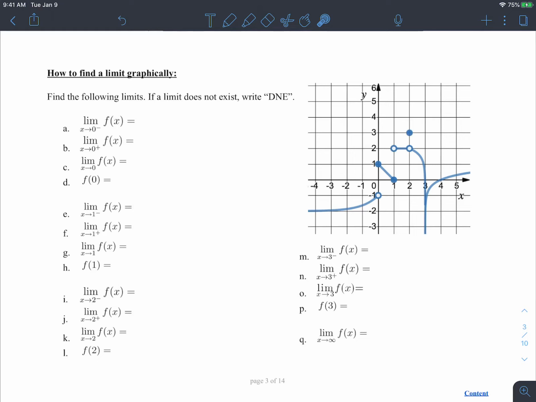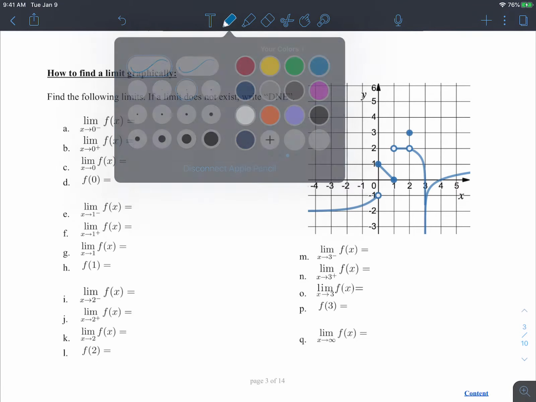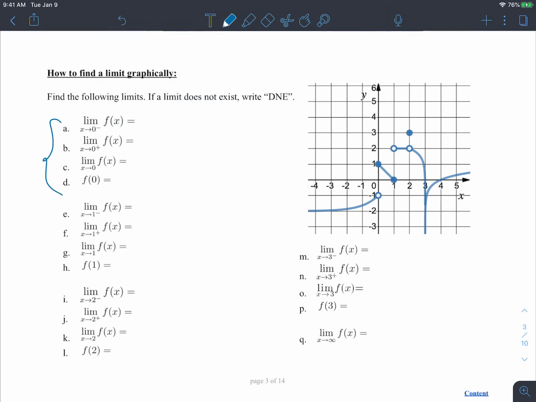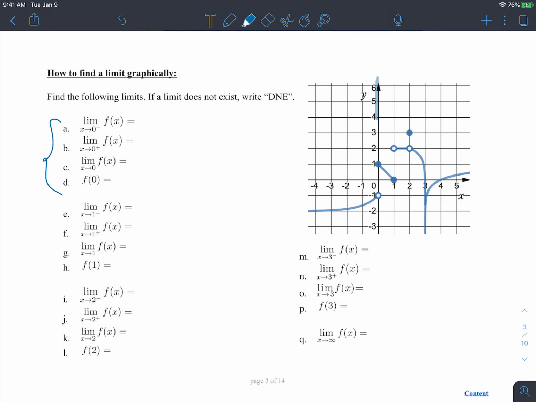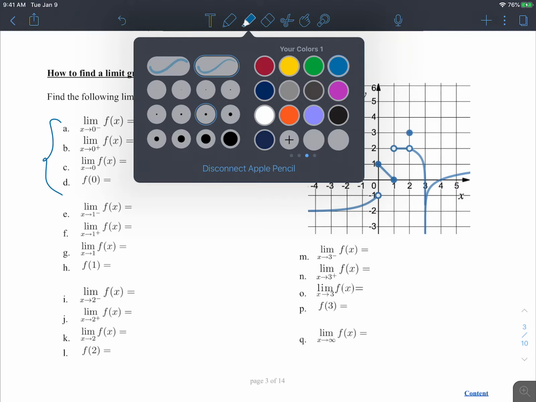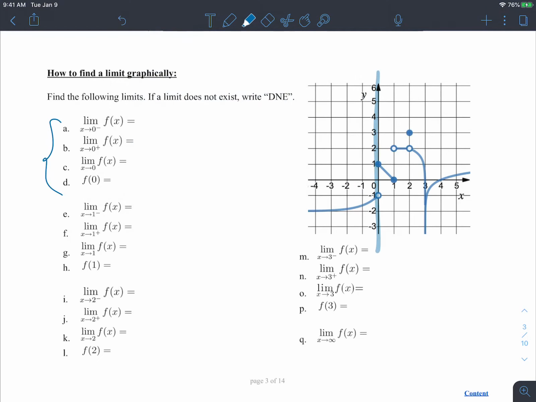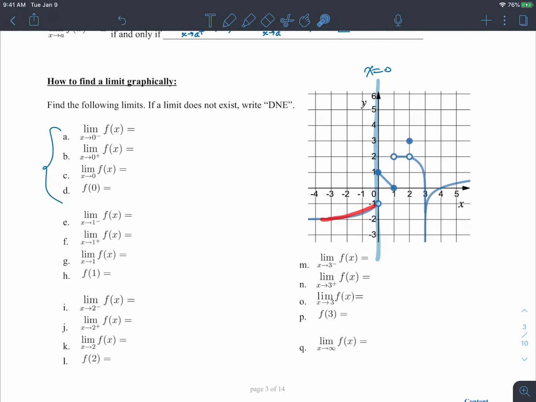So we have this one over here. Let's go with blue. All these values are going to 0, so I'm just going to draw a line with the highlighter right there. That's where x is equal to 0. Coming from the left, you can see it is approaching -1, and coming from the right-hand side, it is approaching 1.